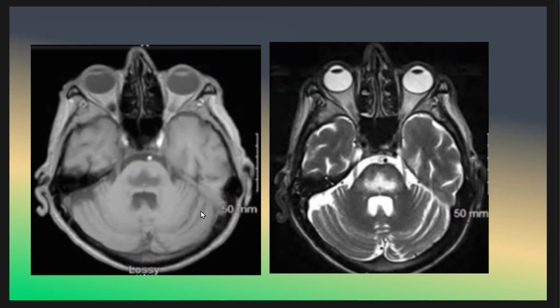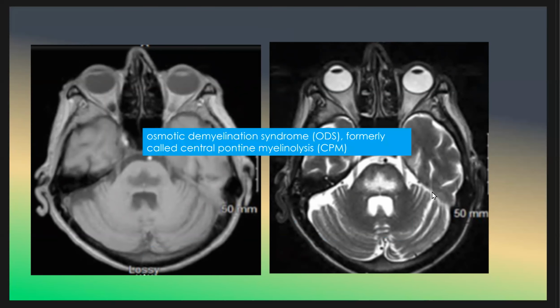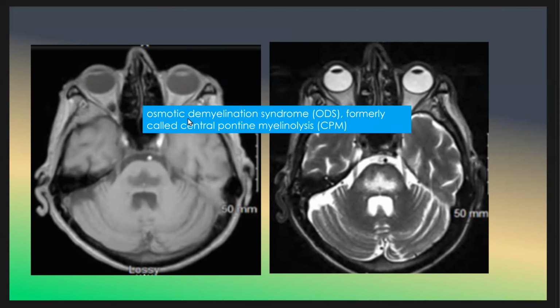As we see here, the patient has abnormal signal intensity, low in T1, high in T2, and this is a classic example of osmotic demyelination syndrome, formerly called central pontine myelolysis.